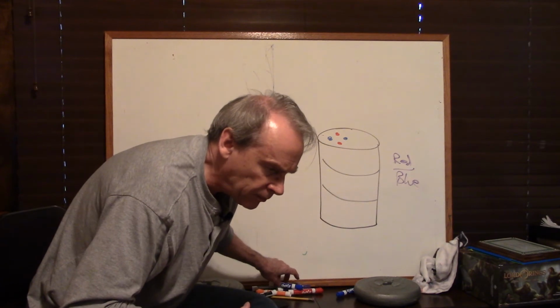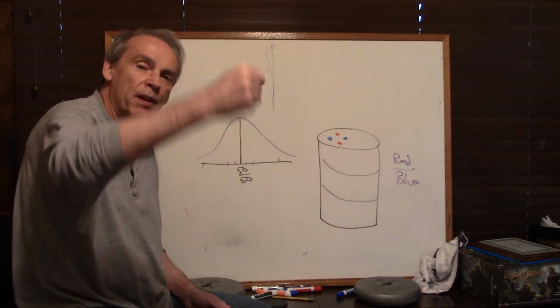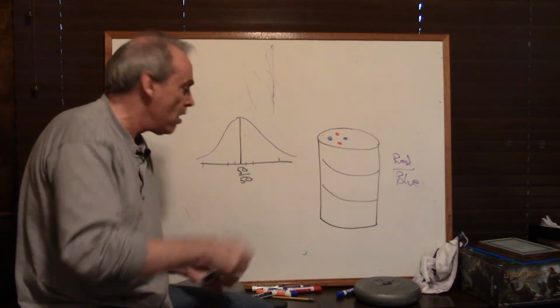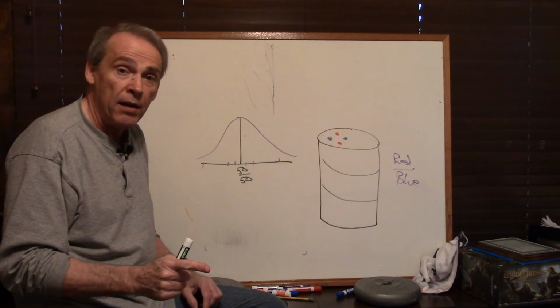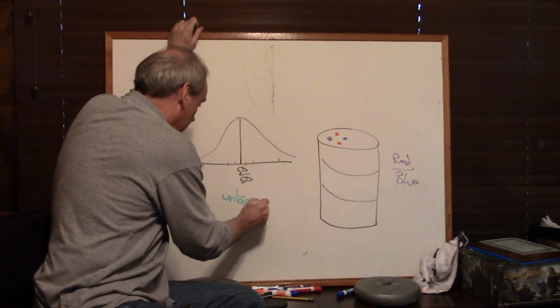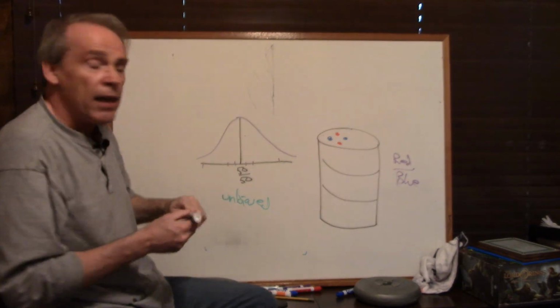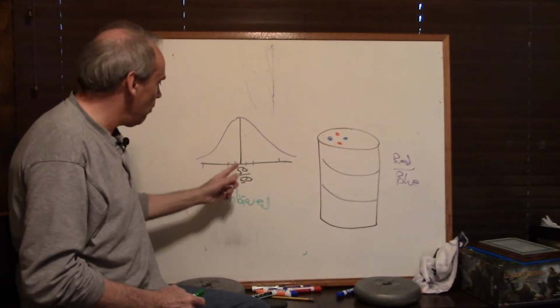Now, the book here says something very important. It says that there are two very important properties of a sampling method. One of them is that it tends to center right around the true value. That's called unbiasedness. It's unbiased if the result of dipping the cup in tends to get you right around the right answer.